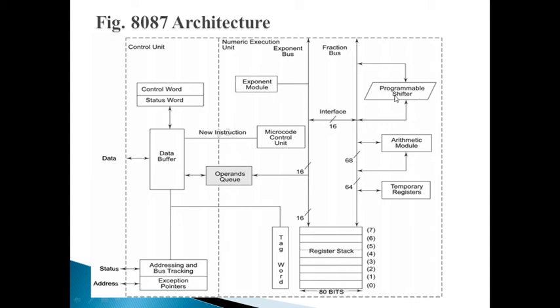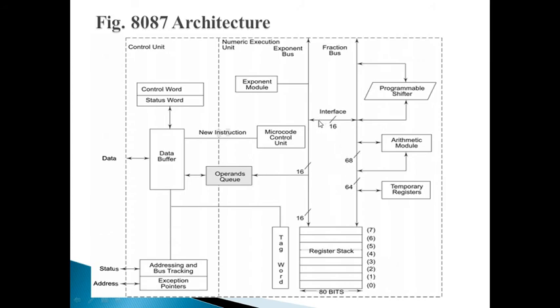Exponent module, programmable shifter, arithmetic module, temporary registers, and here is the register stack. The register stack is used for holding the operands and intermediate results, and the tag word relates to the top of the stack, giving the status of each register in the stack using a 3-bit sequence.